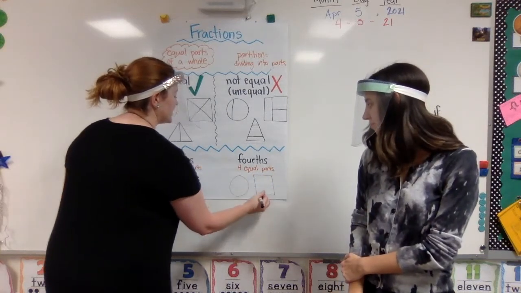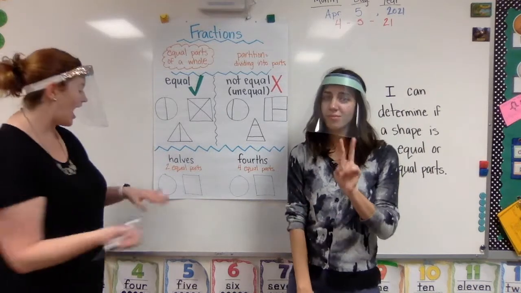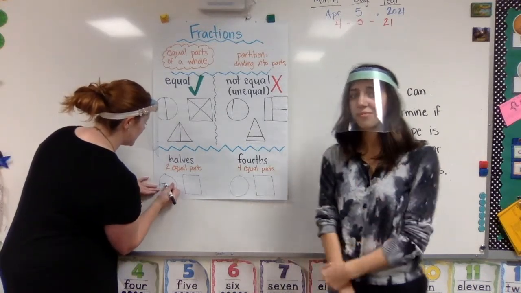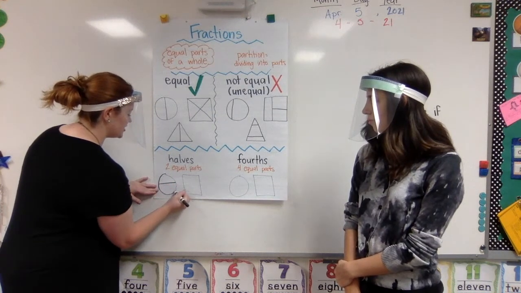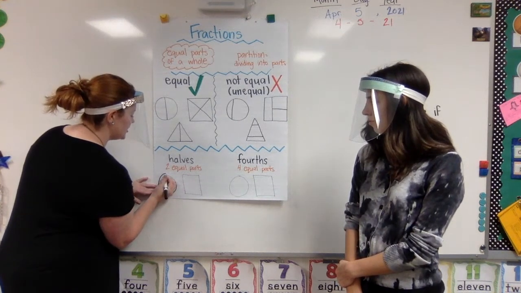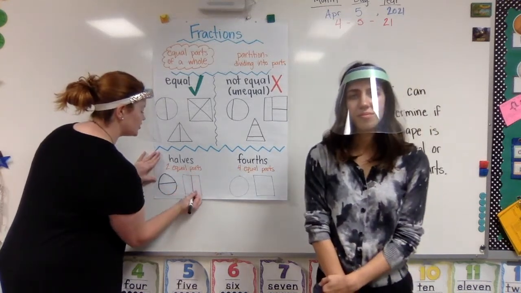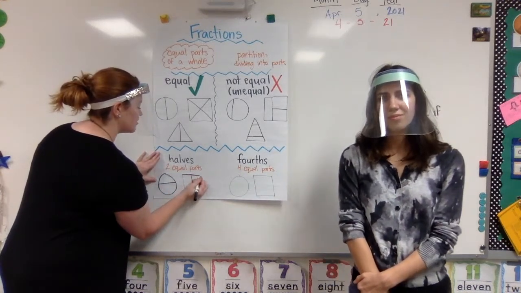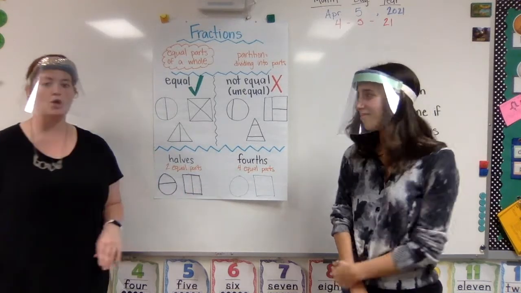So, Ms. Lestico, an example of a circle partitioned into halves would look just like this. I have my circle and I partitioned it into 2 equal parts. And I could do the same thing with a square. Here's my square and it is partitioned into 2 equal parts.